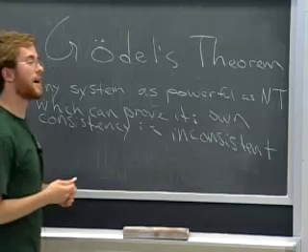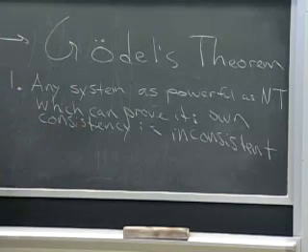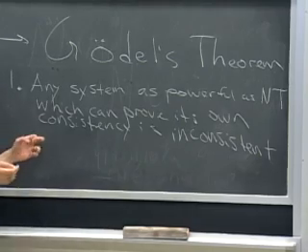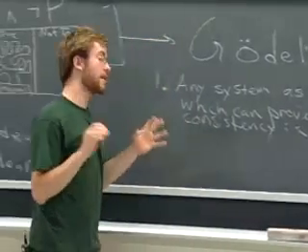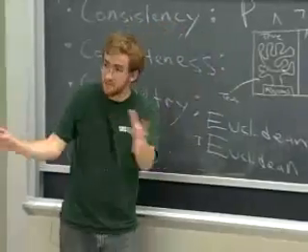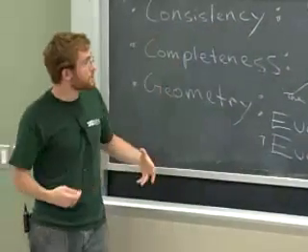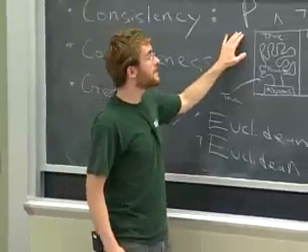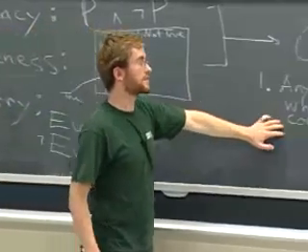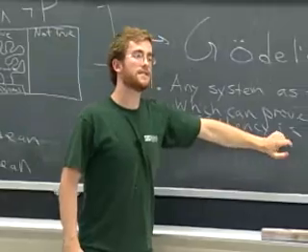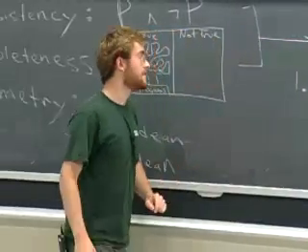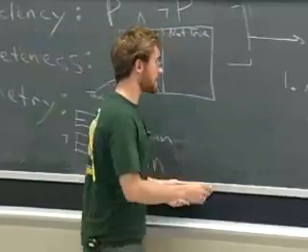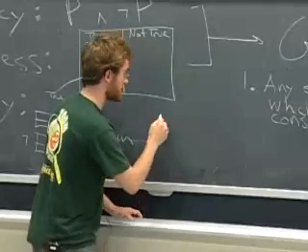Exactly. Somehow the second a system as powerful as number theory is able to talk about itself, things go haywire. If it can actually prove that, here I am, number theory, saying, look, I promise you guys, you can actually prove from me that I'm internally consistent. Well, any system which can talk about itself in that way is necessarily inconsistent. And this is really kind of a nitty-gritty proof, and I can't even give you all the details.